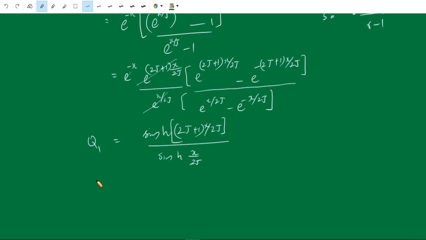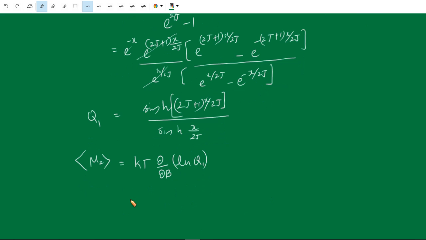Therefore the mean z component of magnetic moment of an atom is given by kT times the partial derivative of this log q1 with respect to the magnetic field.